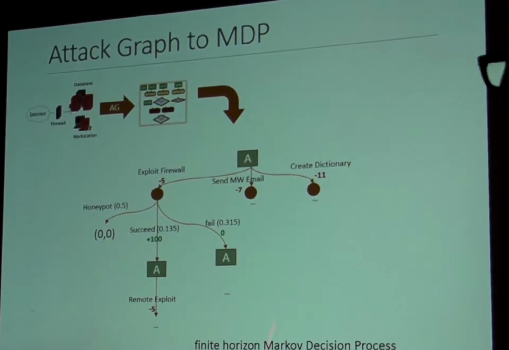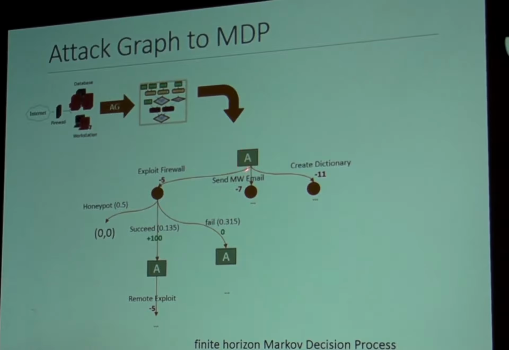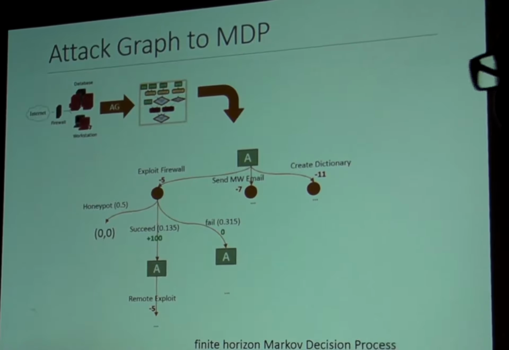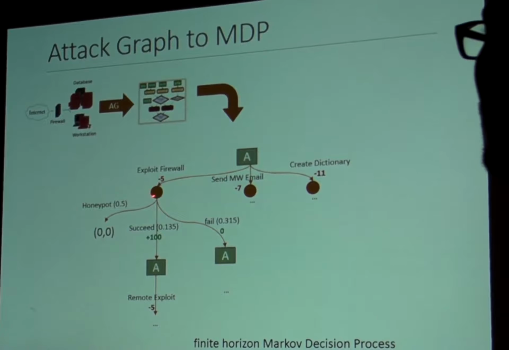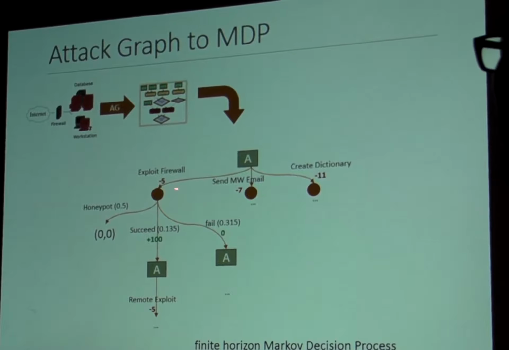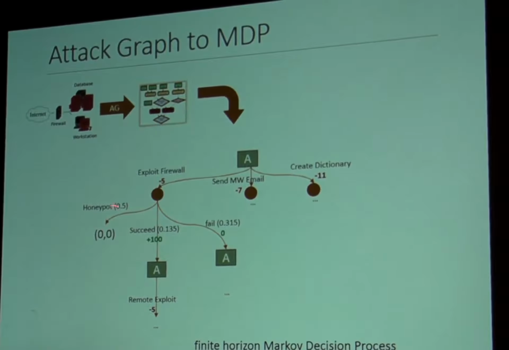That's a finite horizon Markov decision process, MDP, and it's just a model to find policies in a probabilistic environment. So these are the states where the attacker decides what action he wants to perform. In this case, the attacker can exploit the firewall, send malware email, or create a dictionary. Each has some cost. And then there are chance nodes, which with the corresponding probability, the action either ended with interacting with a honeypot, succeeded, or failed.